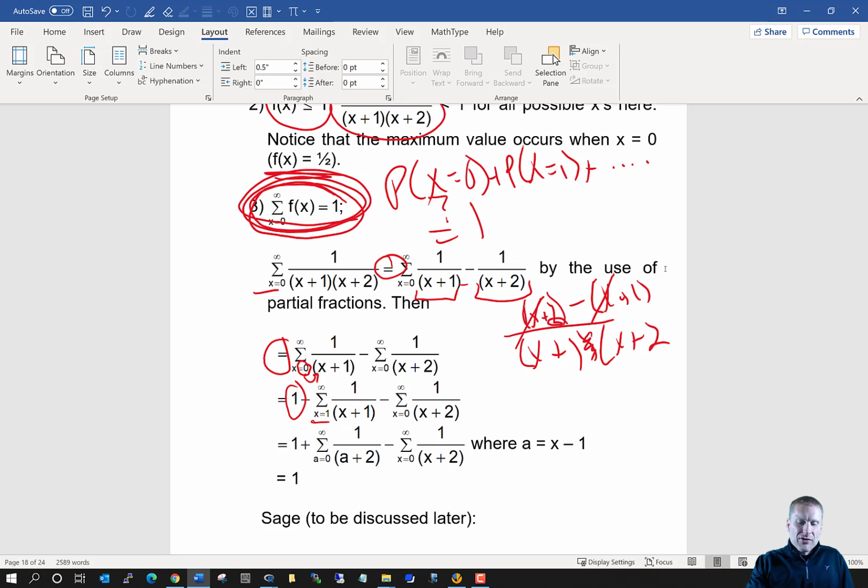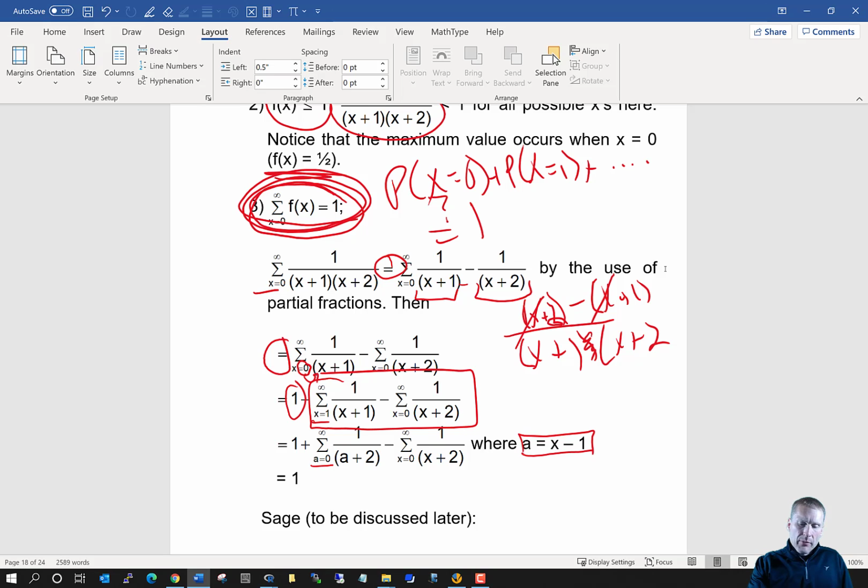So if I can now just say this part is equal to 0, then I've got it. How do I do that? Well, let's do a little substitution. Suppose we let a equal x minus 1.